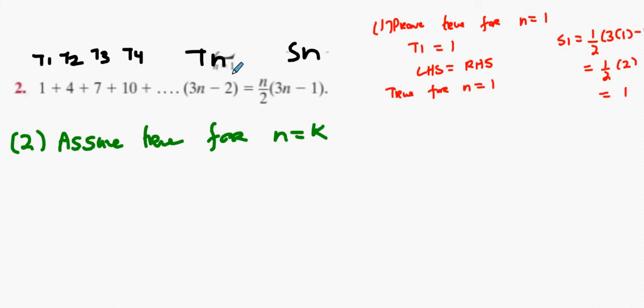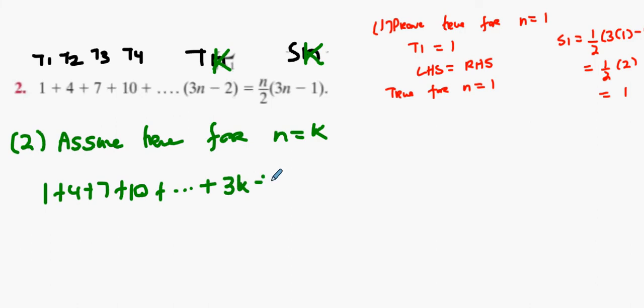You're essentially saying that that's no longer Tn, that's now Tk, that's no longer Sn, that's Sk. Is that alright with you guys? So you say 1 plus 4 plus 7 plus 10 plus dot dot dot plus Tk, which would be 3k minus 2, and you're saying that it equals k over 2 into 3k minus 1.